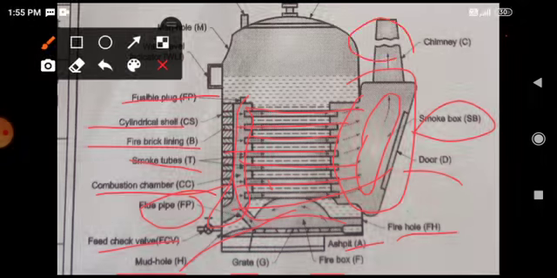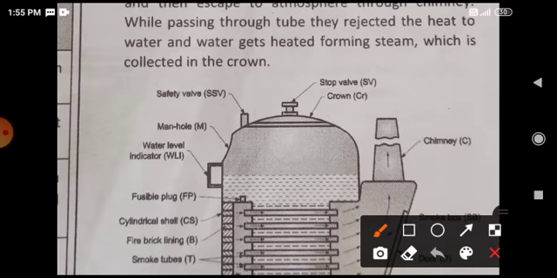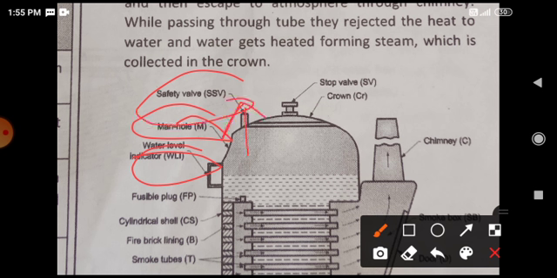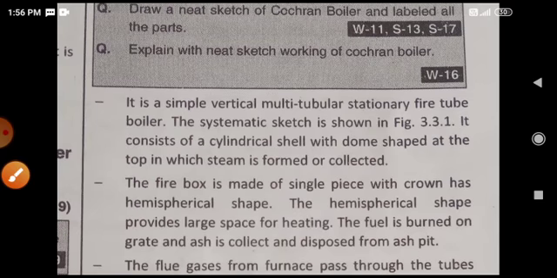Surrounding all these tubes there is water. Here you can see the water, and the steam generated, you can see here, water level indicator in this. Then manhole for cleaning purpose. Safety valve is also there to avoid any bursting of the tank, and stop valve, from which we can take the steam outlet. So this is the layout of this Cochran boiler.